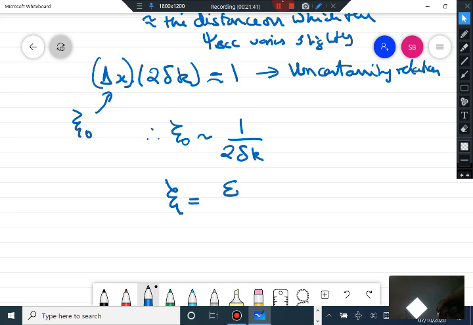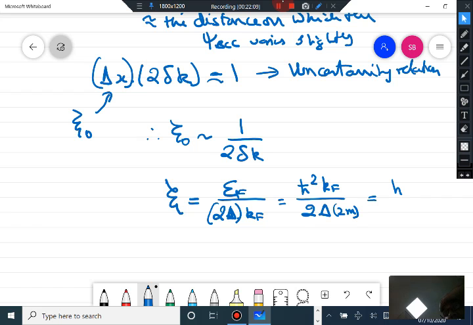ξ0 is equal to EF by 2Δ times kF, which is equal to ħ²kF by 2Δ, okay, times 2m, which is ħ²kF by 4m times Δ.